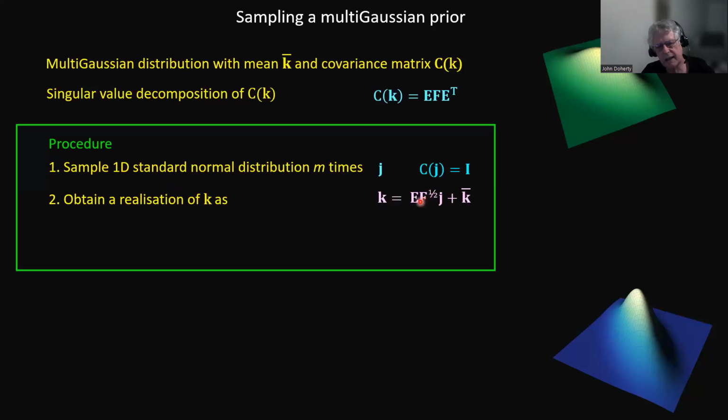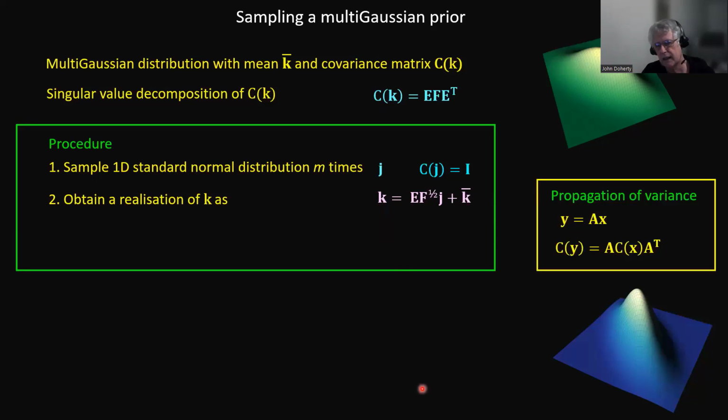Now I calculate K using this equation with E and F taken from up here, singular value decomposition of CK. That is a sample of K, a random sample of K. And just to show you that it has the right covariance matrix, our old friend, propagation of variance, we will apply again.